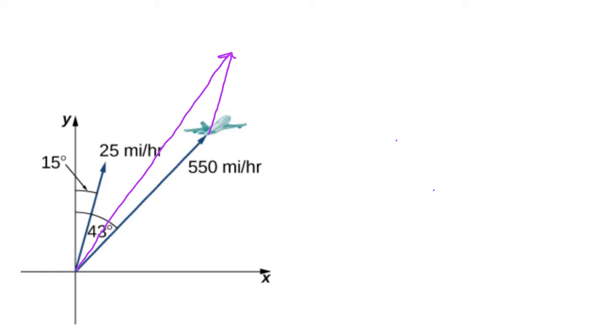Now the question is, how do we find the bearing, the angle theta, for this new vector? If we can find the angle between these two vectors, then we can find some of the angles for our triangle, and using the law of sines and law of cosines, we're able to do that. So let's jump in.